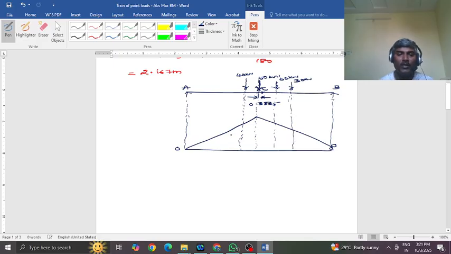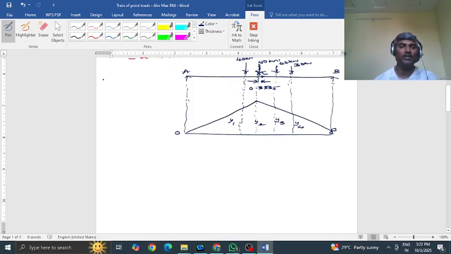Let these be y1, y2, y3 and y4. So now let us calculate all these loads multiplied with these ordinates. Then you will have the absolute maximum bending moment.